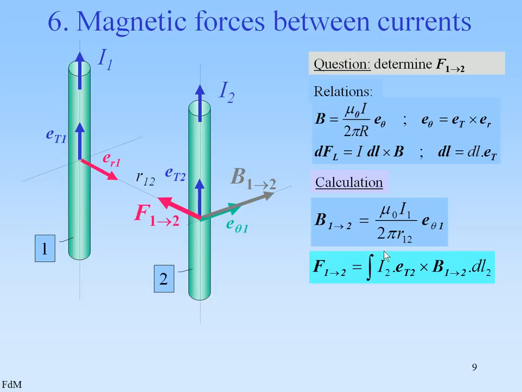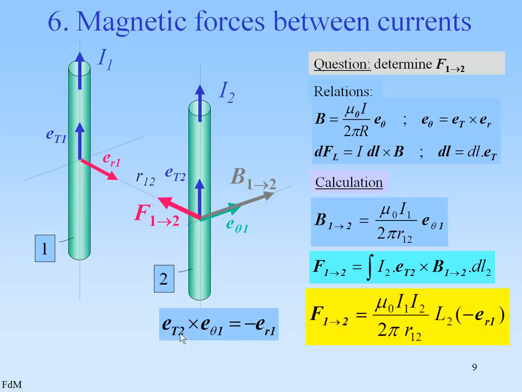And now we can calculate the force of 1 upon 2, the integral over the whole length, dl2, times I2 times e_t2 times B. That's the Lorentz force on that current. And since B1 on 2 is directed in this way and e_t2 is directed along the line, the force will be in this direction using the right hand rule.